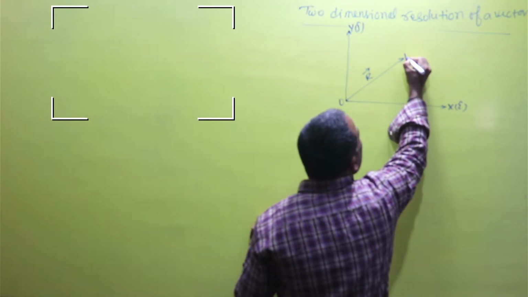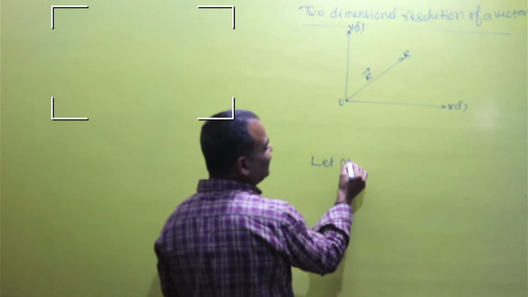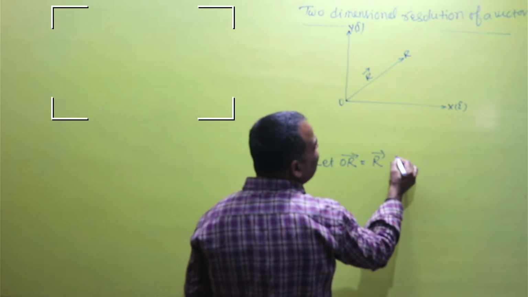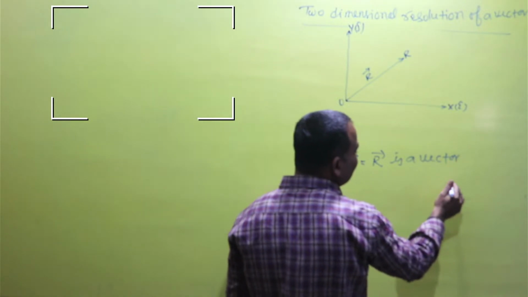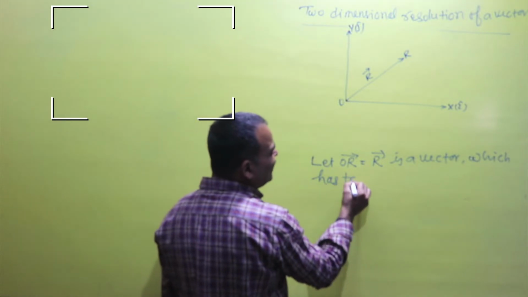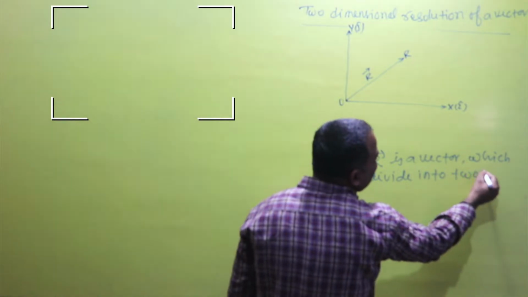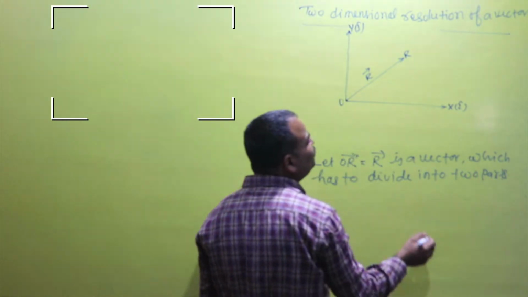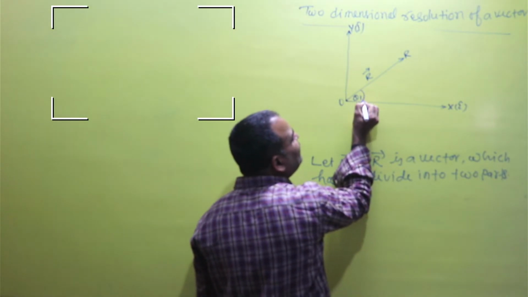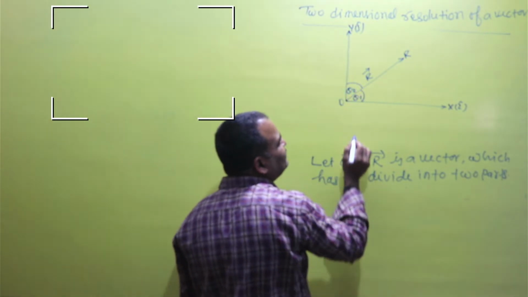Let OR be equal to vector r, which has to be divided into 2 parts, and the vector is making angle theta 1 to the direction of the x axis and making angle theta 2 to the direction of the y axis.